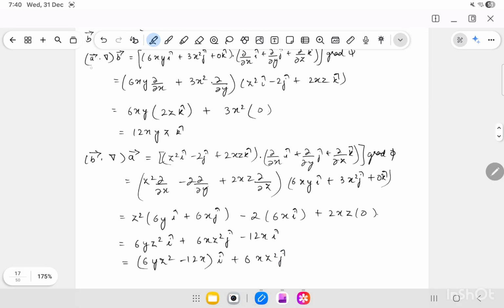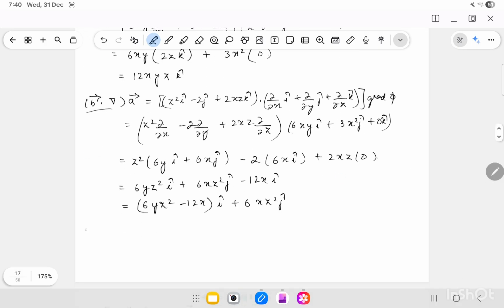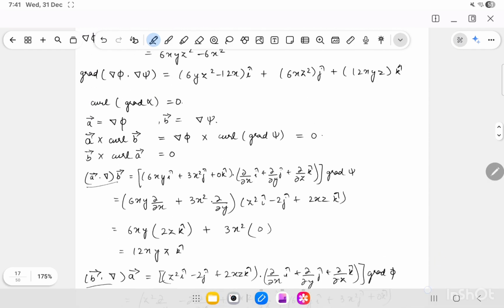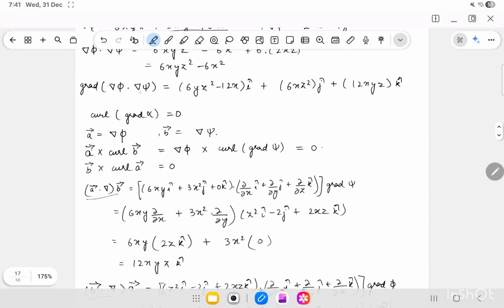Now if I add in this term with this term, what I'll get is 6yz² minus 12x i cap plus 6xz² j cap plus 12xyz k cap, which is basically equal to this.